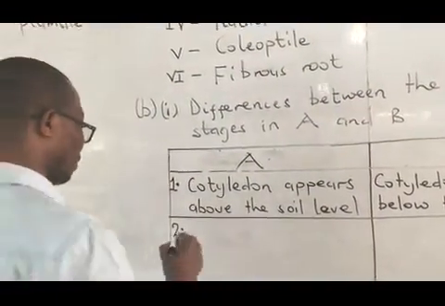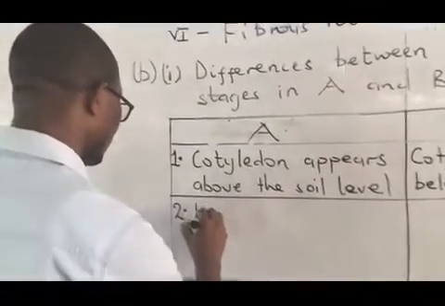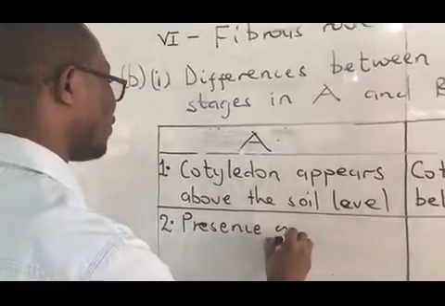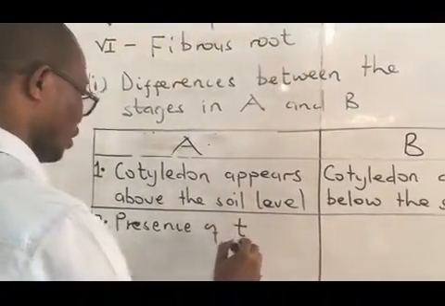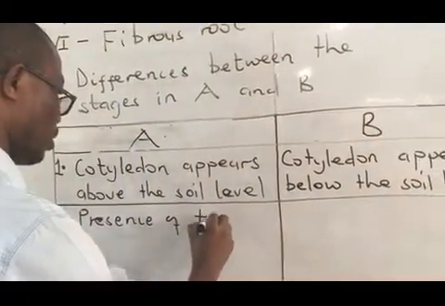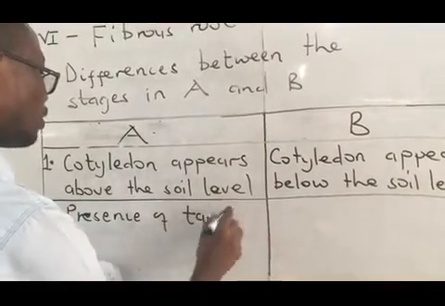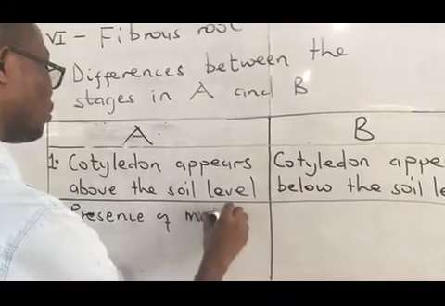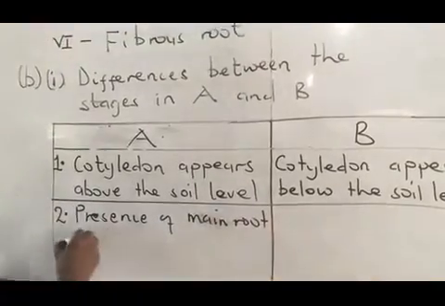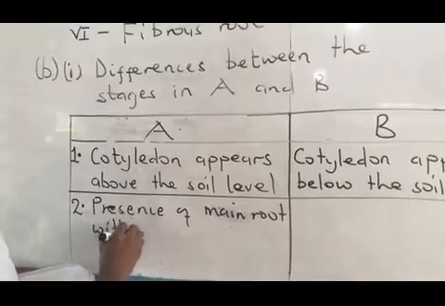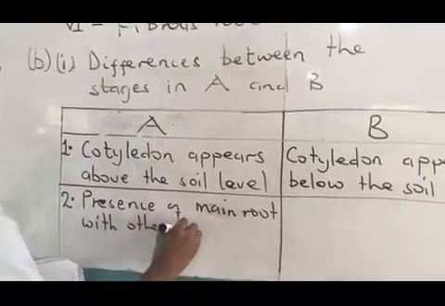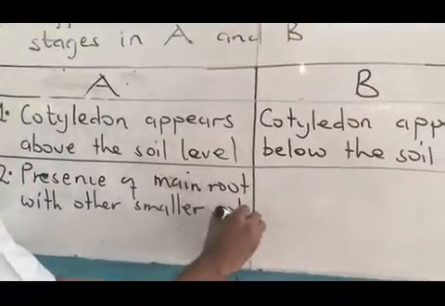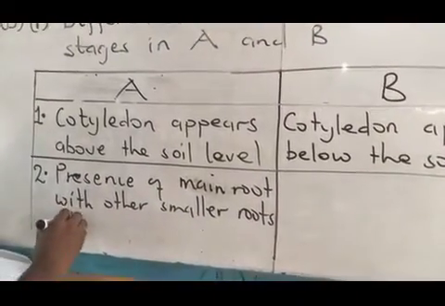That's for B. So presence of tap root or main root with other smaller roots attached.